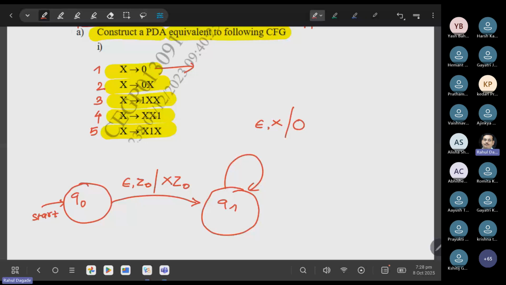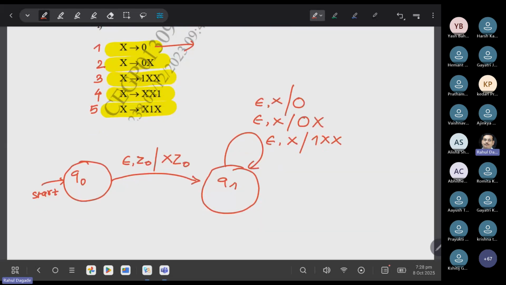Now for the second production, when null is the input, X is on stack, then push 0X on stack. For the third production, when null is input, X is on stack, then push 1XX on stack. For the fourth production, when null is input and X is on stack, push XX1.